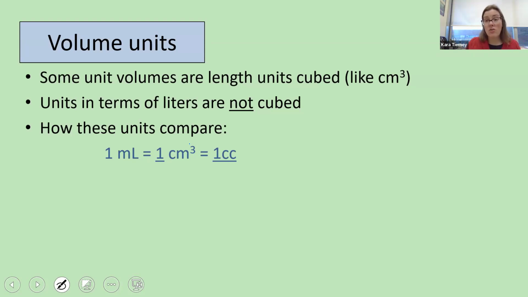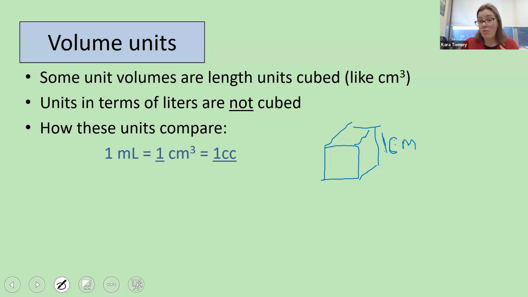We can also create 3-dimensional units by looking at a cube where every side is 1 centimeter. I have a 1 centimeter cube.